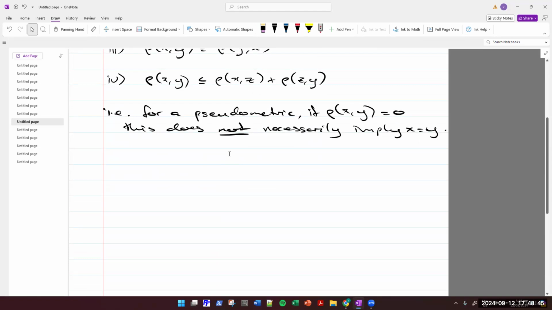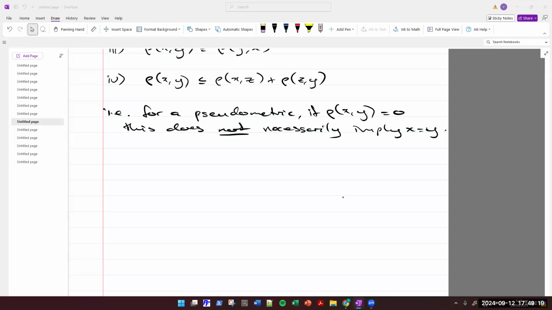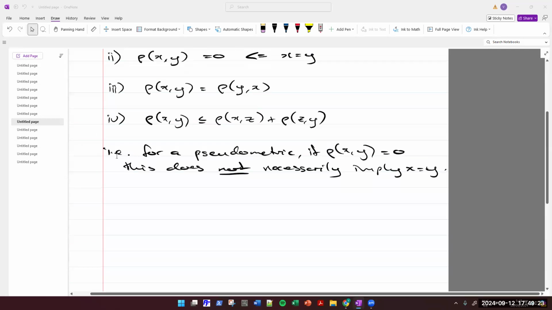What I mean by that is given by this example.